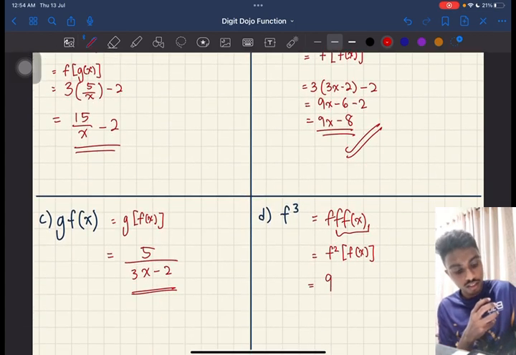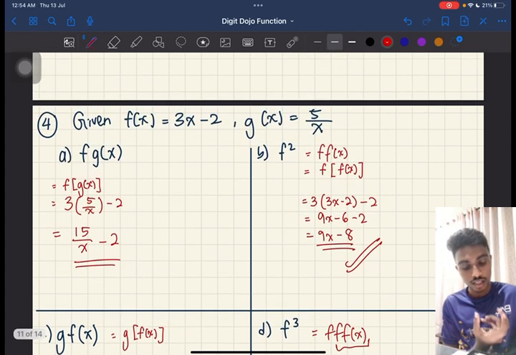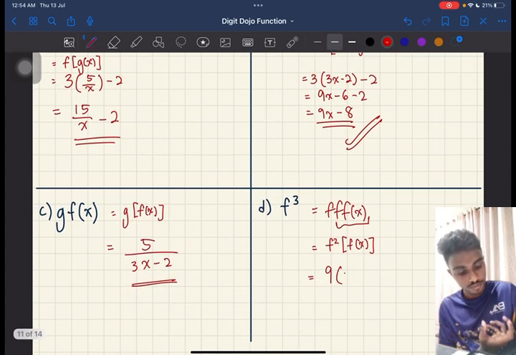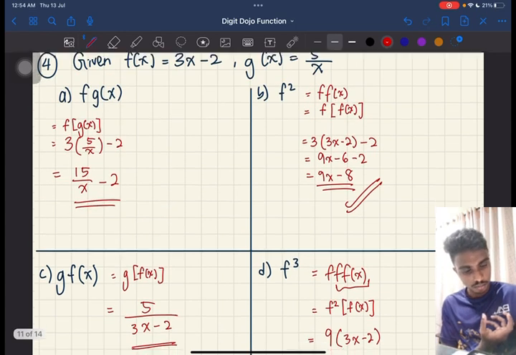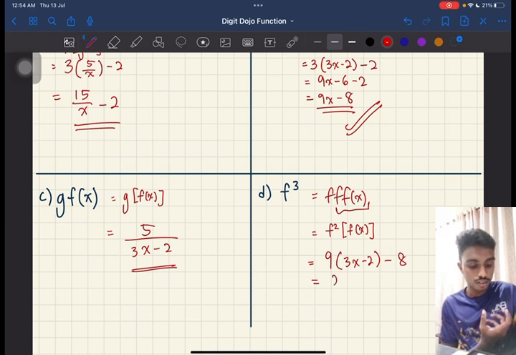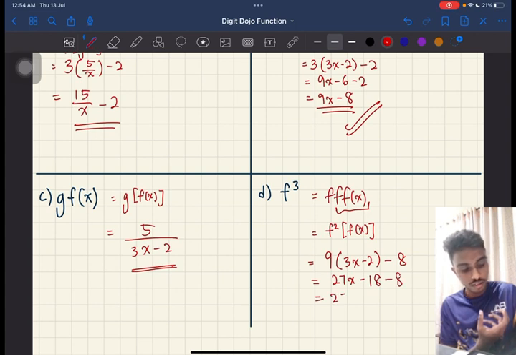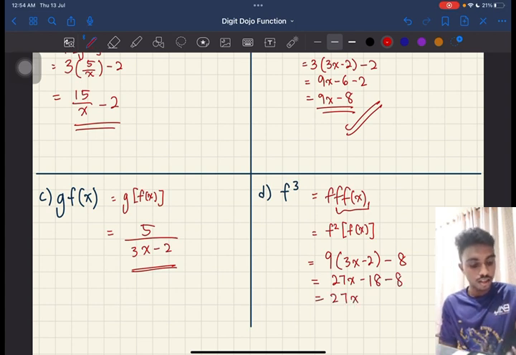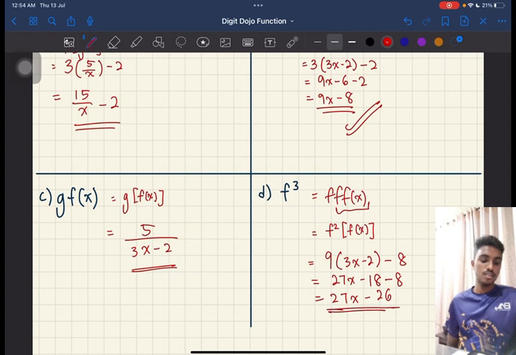So 9, the place you got x, you put 3x minus 2, minus 8. So 9 times 3x is 27x, minus 2 times 9 is 18, so 27x minus 18 minus 8, which is 27x minus 26. So this is your f cube.